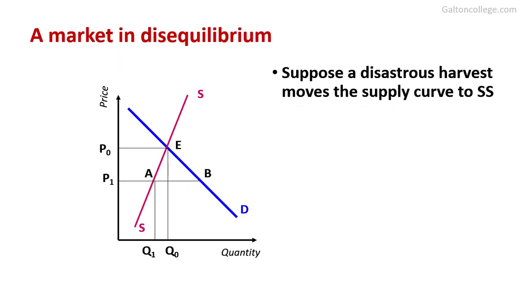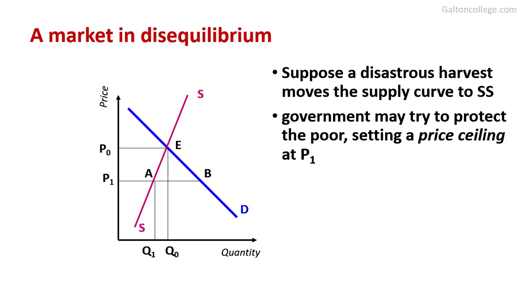Suppose there is a disastrous harvest and it moves the supply curve to SS. Now, this is pretty much a situation that confronts farmers, but it also confronts the food industry.